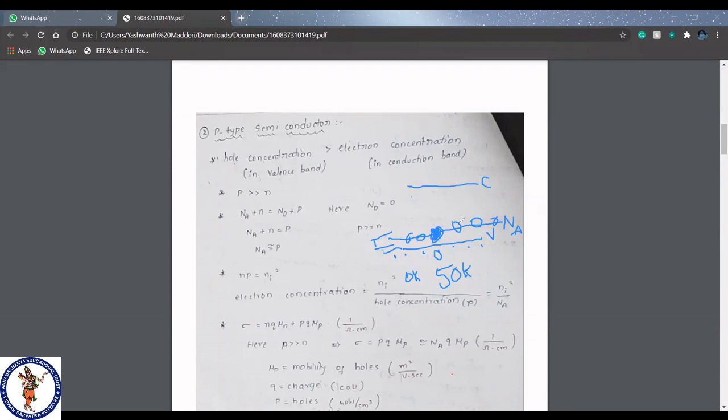I have explained this with only one electron and one simple process, but the process will continue for many electrons.